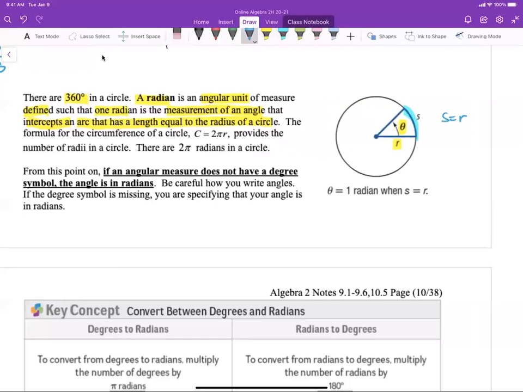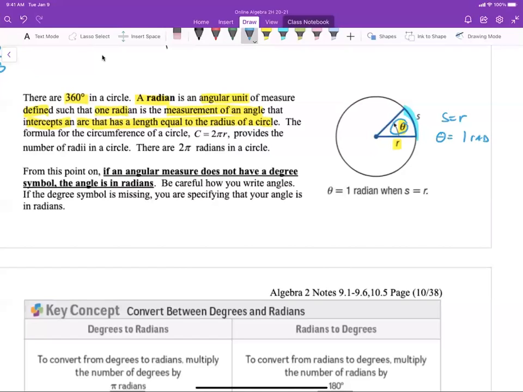I don't care what size circle it is. If the radius gets bigger, then S will be bigger. And every time you do that, this will have approximately, it's like 53 degrees or something to that effect. Nevertheless, that is defined in terms of radians as 1 radian.